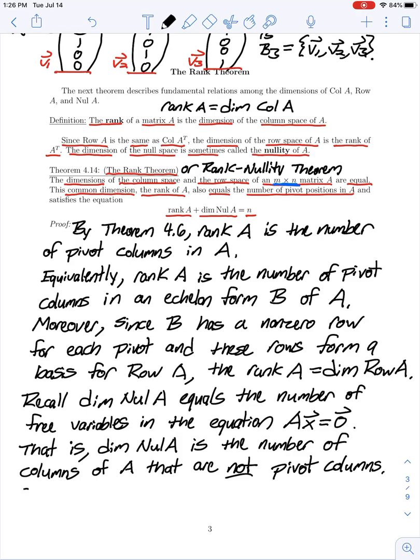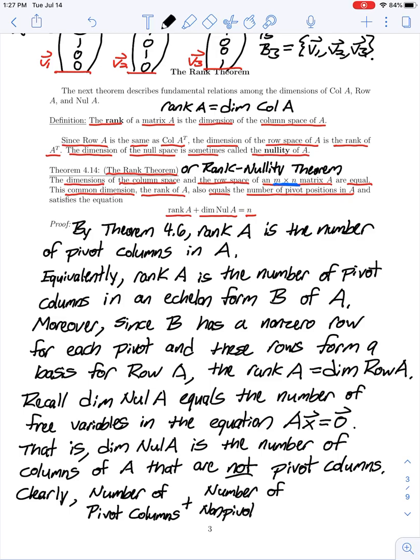Therefore, we can say clearly the number of pivot columns plus the number of non-pivot columns must be equal to the number of columns.